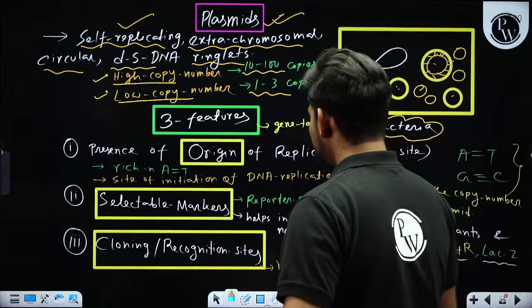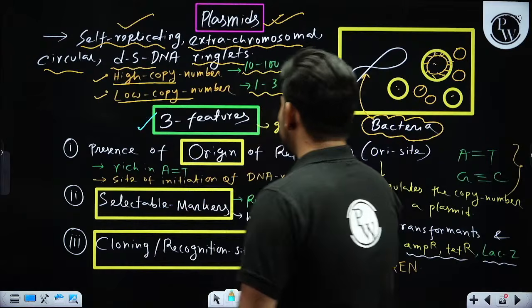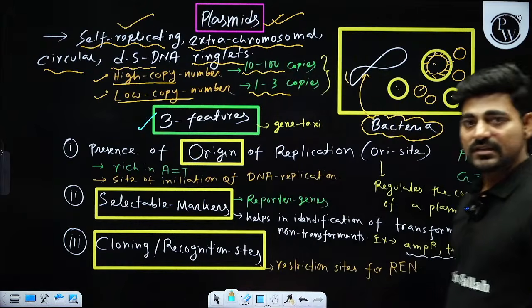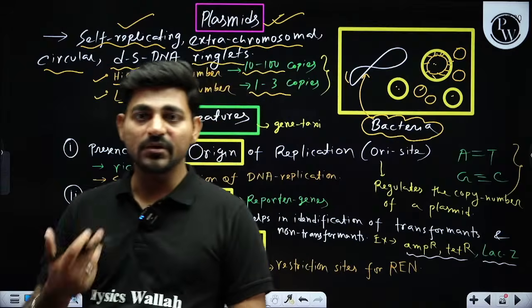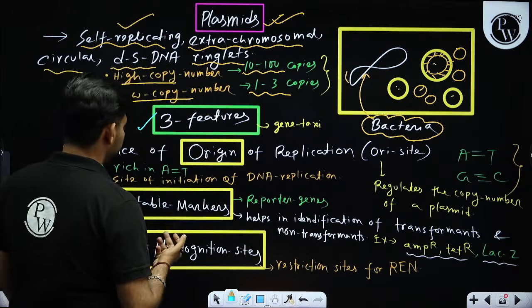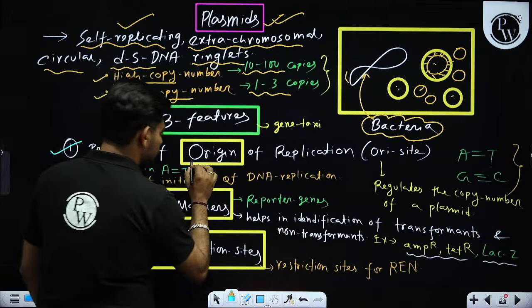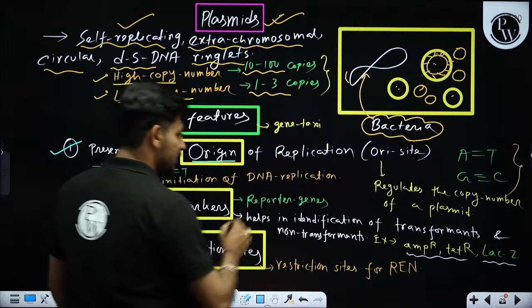Okay. Now, what are the three important features if you are choosing a plasmid as the cloning vector? What are the three important features you have to look inside? First, you have to look for the origin of replication.